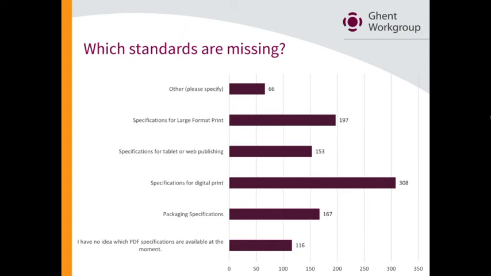And what we are working on at the moment is exactly that kind of specification. It is almost ready for prime time, and we expect it to come out in the near future. So it's good to see that there is a real need for that and that we have done some of that work already.